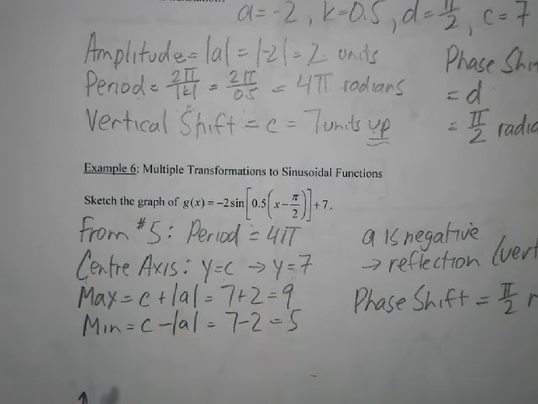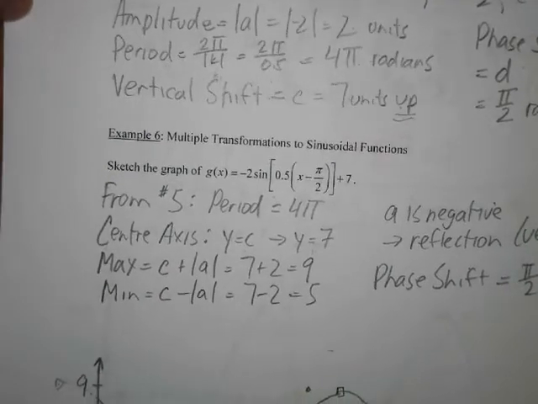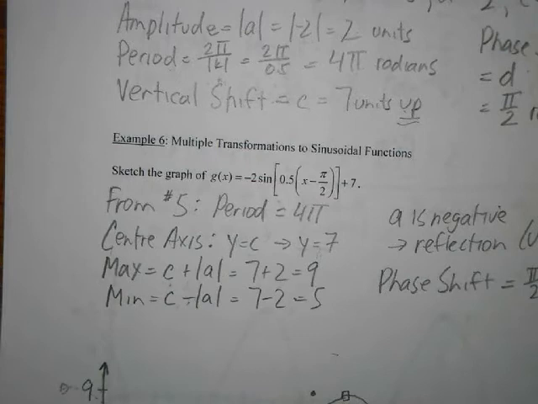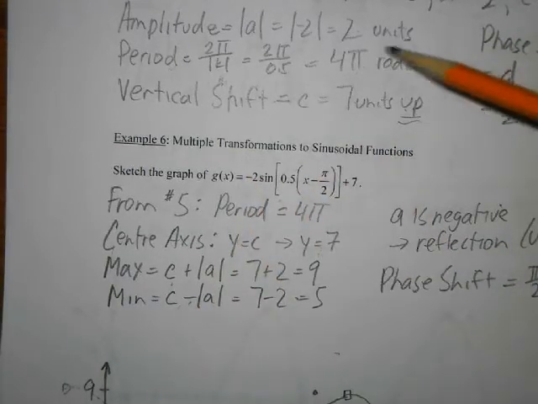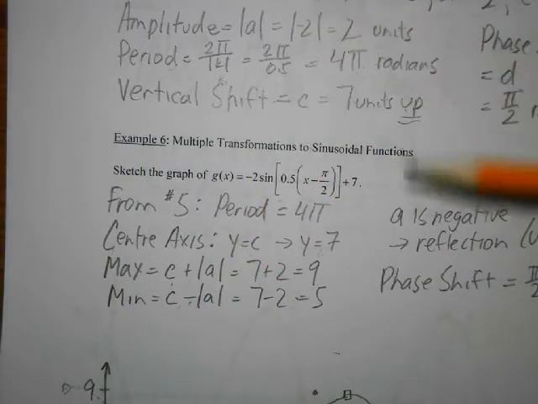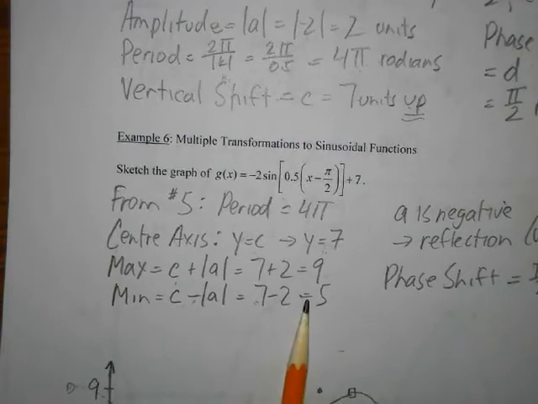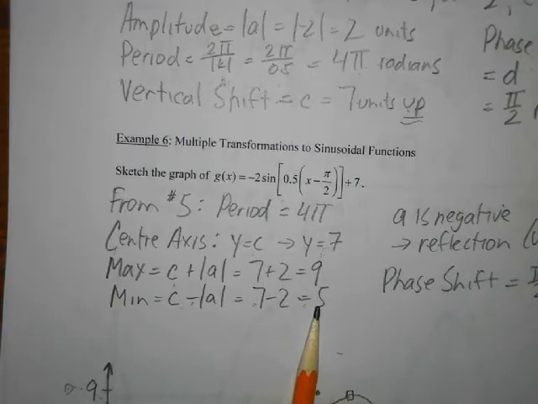And this is actually pretty cool for graphing, because for the vertical scale, you take the c value, which is your center axis, and you add and subtract your amplitude. We've already got the amplitude is 2, not negative 2. So it's 7 plus 2 for the maximum value, 7 minus 2, 5, for the minimum.